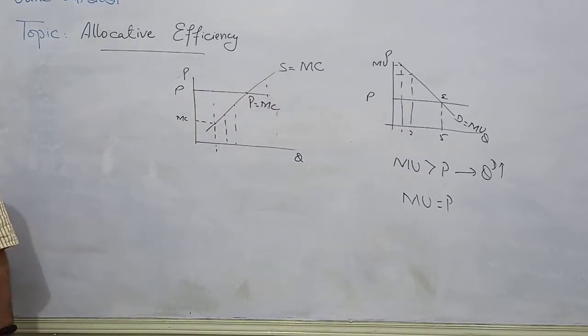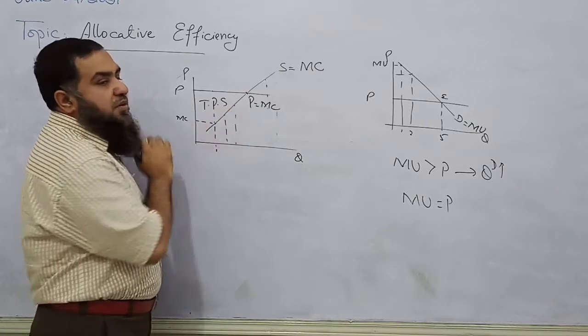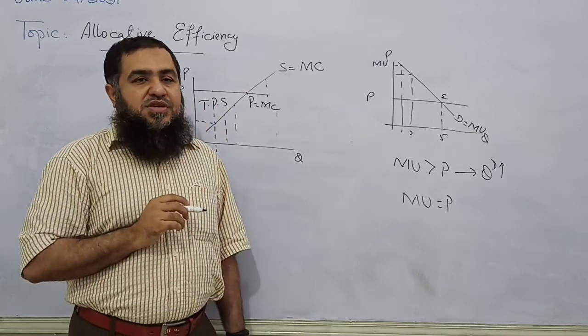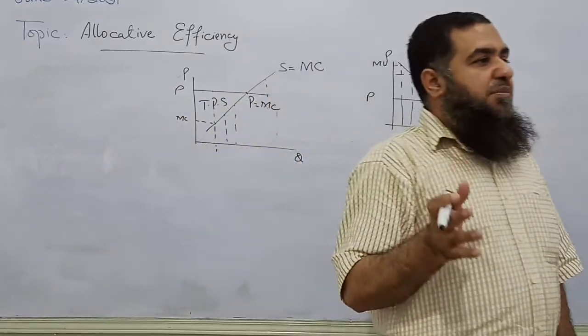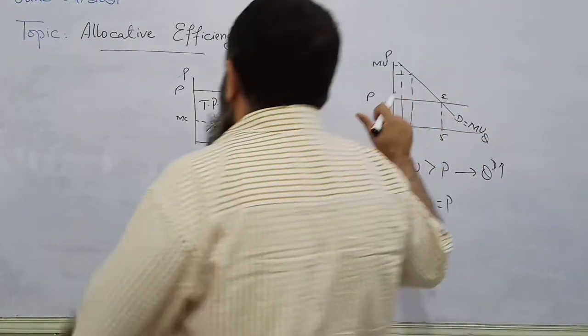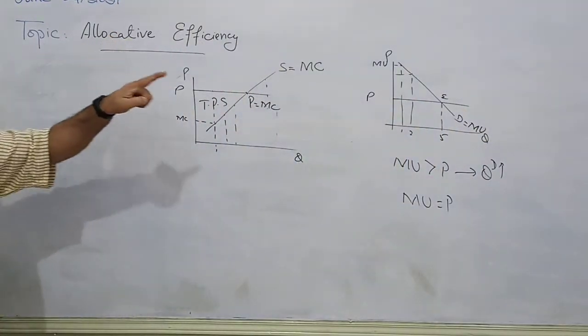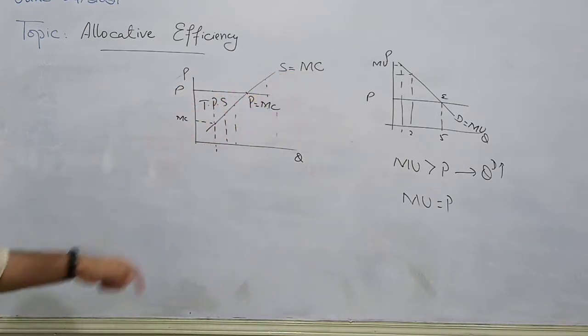Clear or not? So if you remember, we studied this is the area of total producer surplus. The producer welfare is shown by the area above the supply curve and below the market price, whereas consumer welfare is shown by the area under the demand curve and above the market price. So now I want to explain this again by using these concepts of marginal benefit and marginal cost.